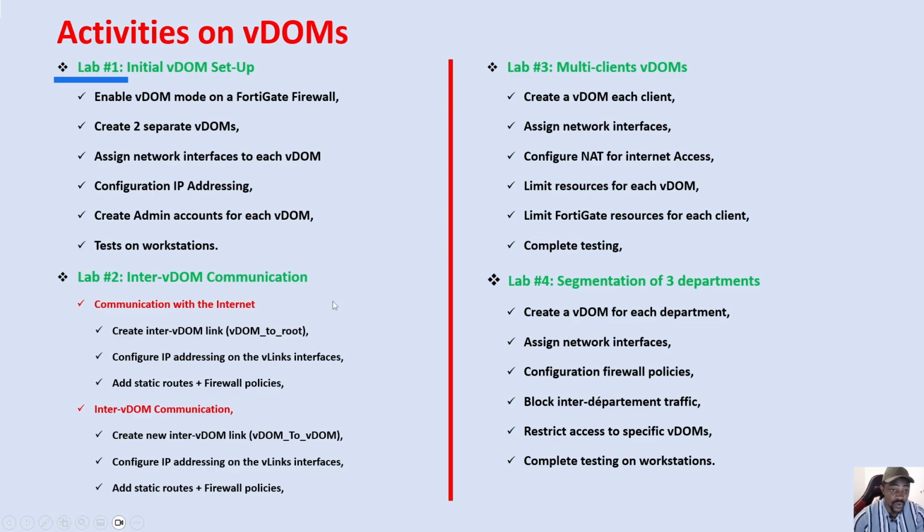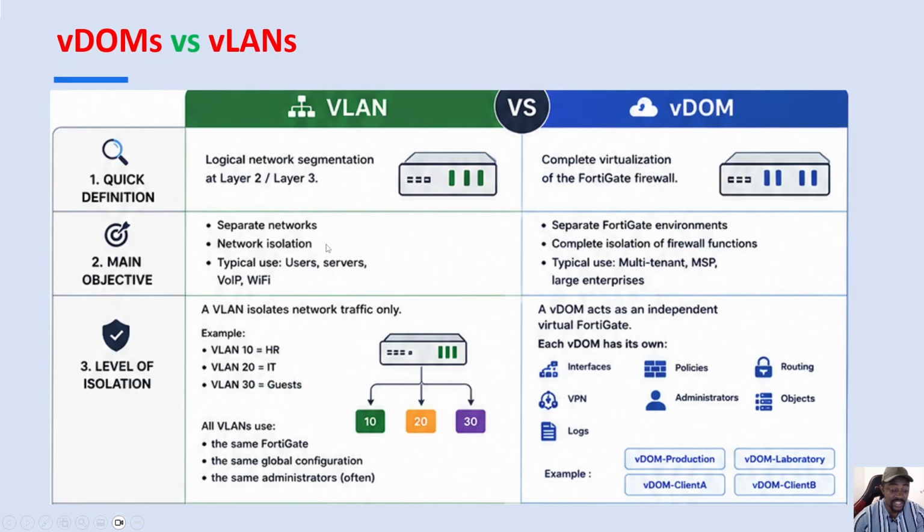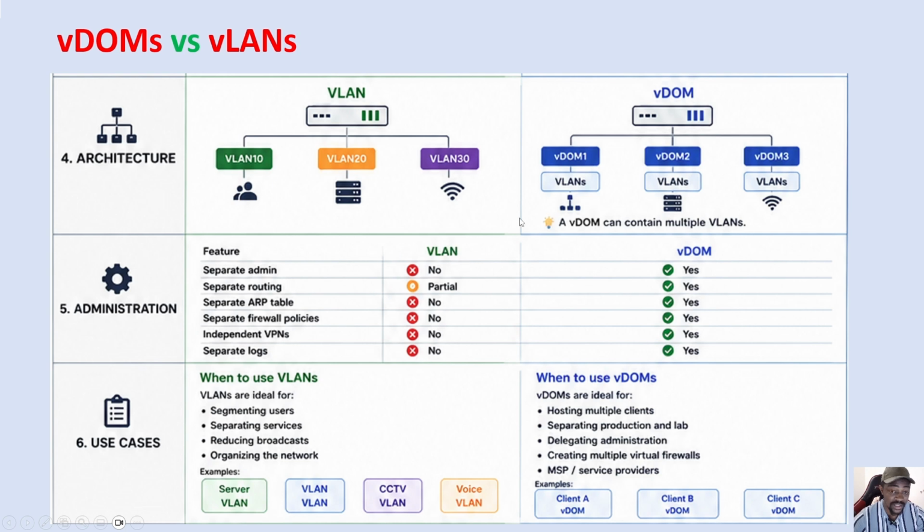Also, if you want to see the videos we did on VLANs, as I was explaining during the initial video where we presented the key concepts of vDOMs, we also presented the similarities between vDOMs and VLANs, the differences between the two, and the use cases where it is preferable to use vDOMs or VLANs.